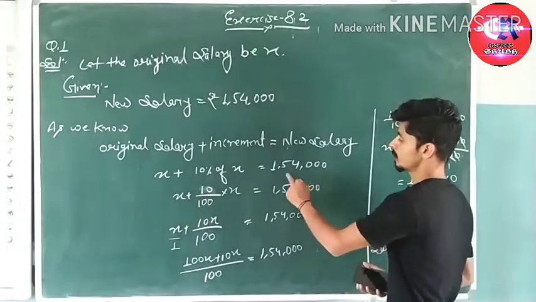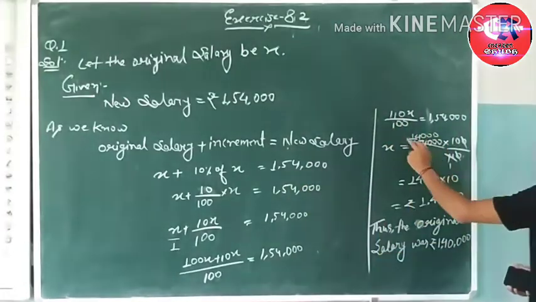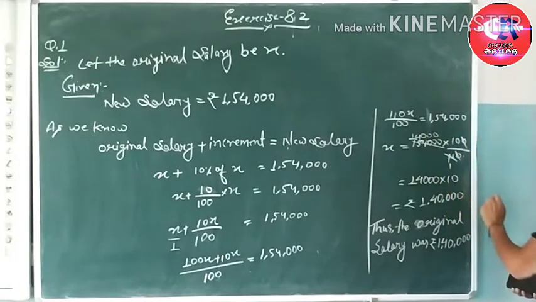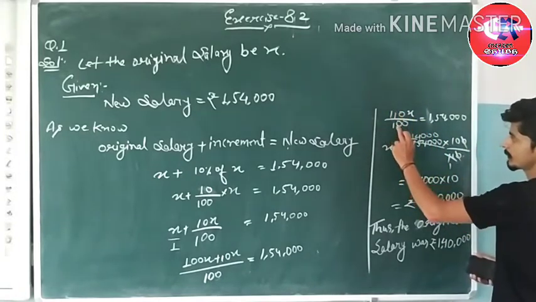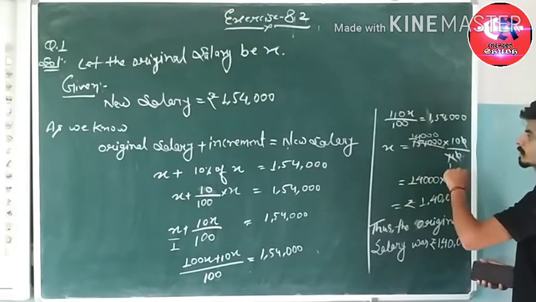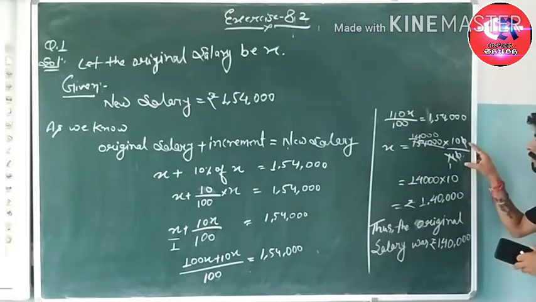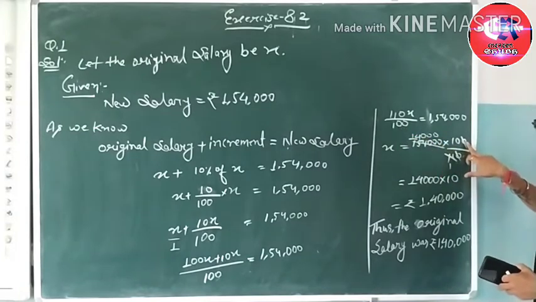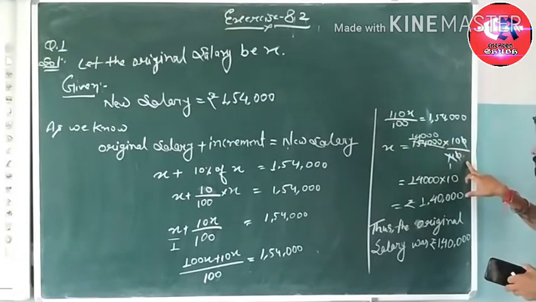So we get 110X upon 100 is equal to 1,54,000. Now 110 upon 100 is a fraction. When a fraction is transferred from one side to another side, it will become the reciprocal. That means 100 will be the numerator and 110 will become the denominator.